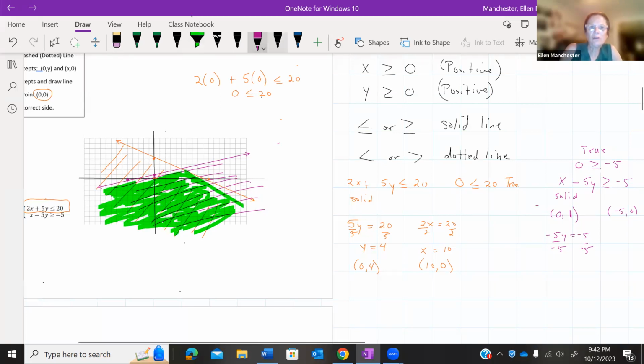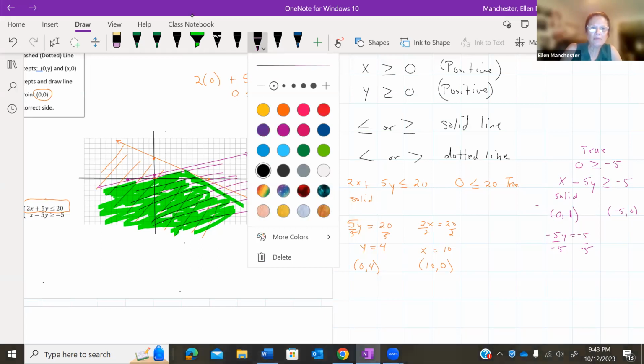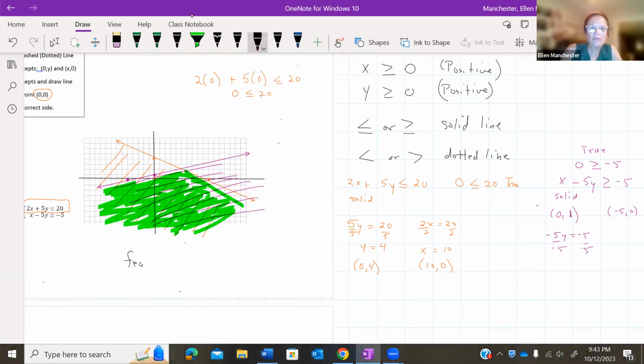When you double shade, it overlaps. This is what's called the feasible region. In other words, where it's double shaded, that's where all the solutions are. And all of those points will fit and make both of those statements true. Every single one of them will fit and make both of those statements true.